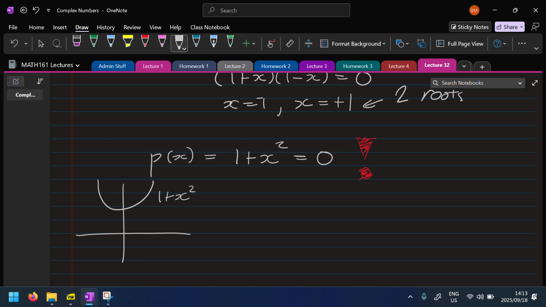There's no intersection with the x-axis. So we can conclude, well, there's no roots. There's no x-intercept, so there's no roots.